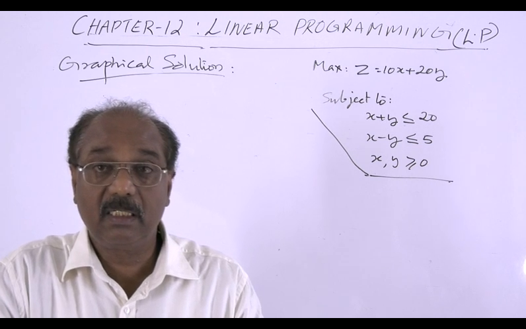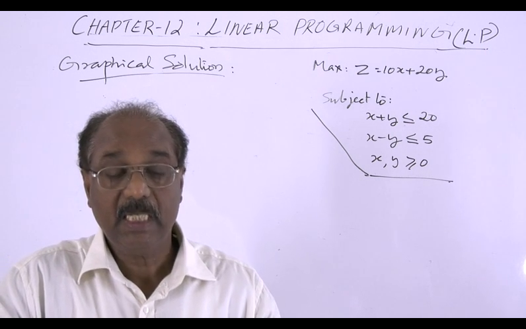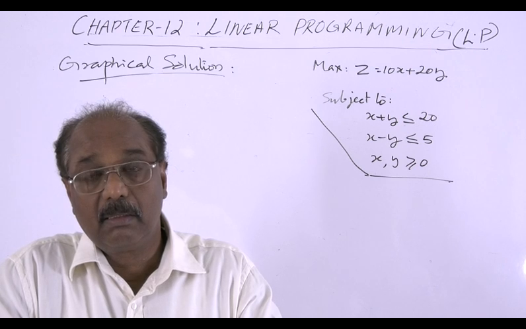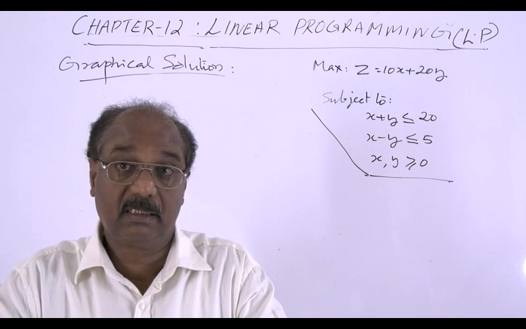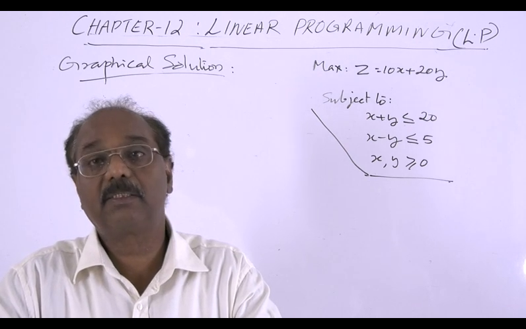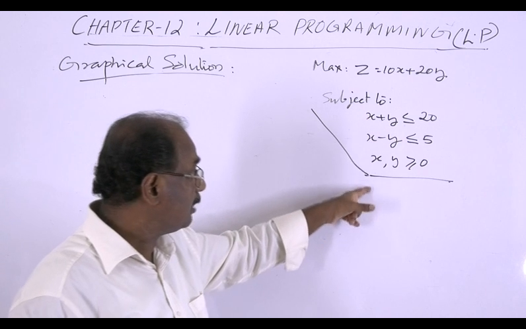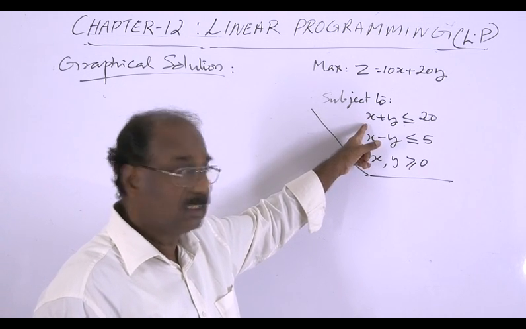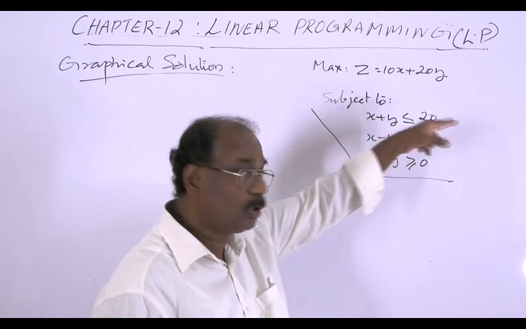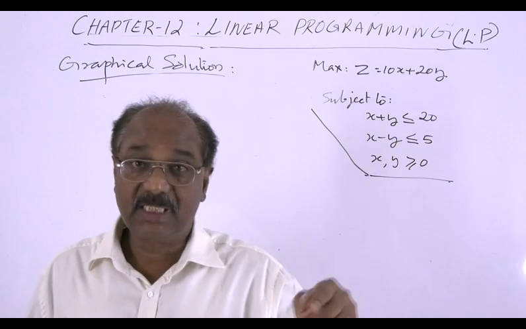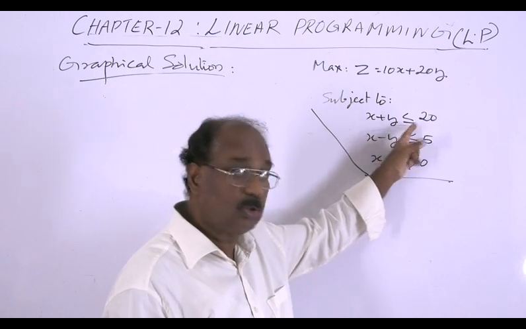So how can we identify the feasible region? This can be done by drawing the lines determined by the constraints. The first constraint determines a line, x plus y equal to 20. Using that line, we can have the region x plus y less than or equal to 20.